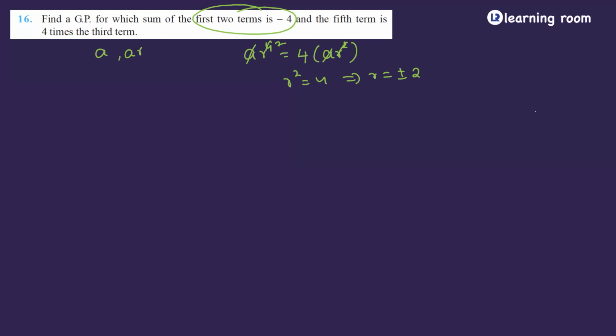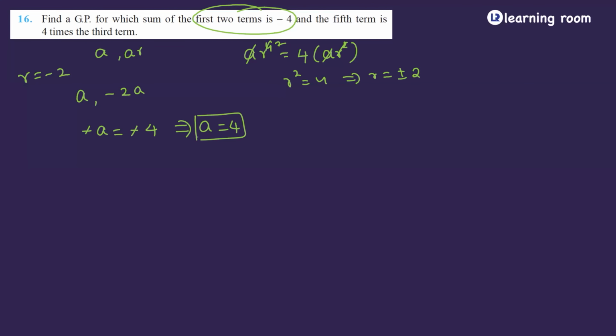See, a plus ar. So r is equal to plus or minus 2, right? When I take r is equal to minus 2, the first term will be a and the second term will be minus 2a. So the sum of these two terms is going to be minus a, and minus a is equal to minus 4. So a is equal to 4 and r is equal to minus 2 is a possible value.